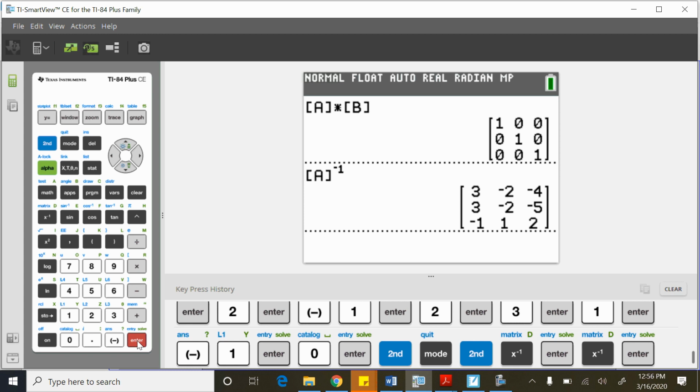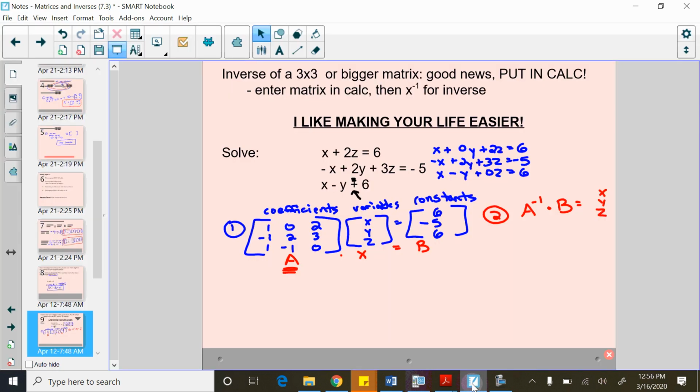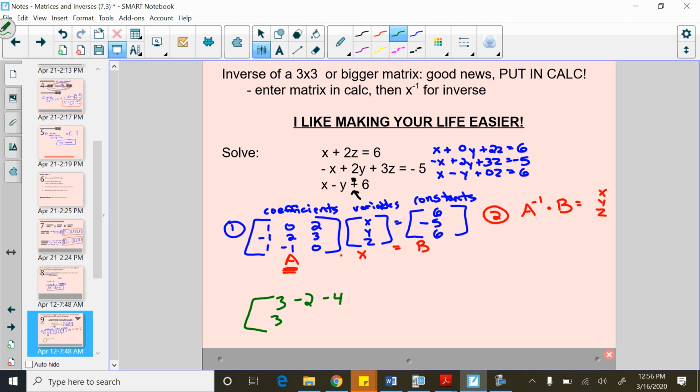So now the key is we can write this down because it's a little bit of a hint. We know that our A inverse is a 3, a -2, and a -4. It is a 3, a -2, and a -5. And a -1, 1, and a 2.